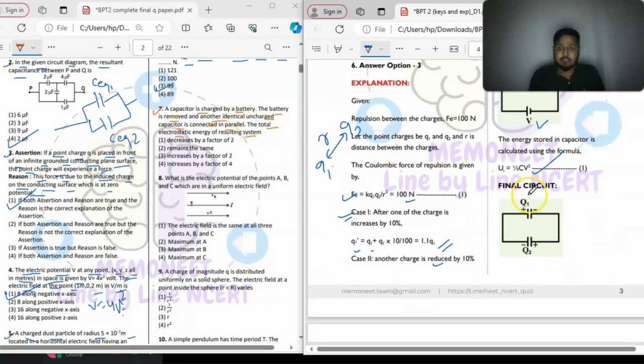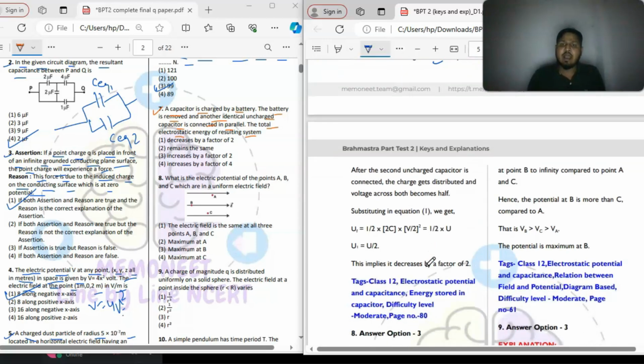Now in the next step, this capacitor is connected with the uncharged capacitor. What will happen after connecting the charged capacitor with the uncharged capacitor? There will be a distribution of the charges.